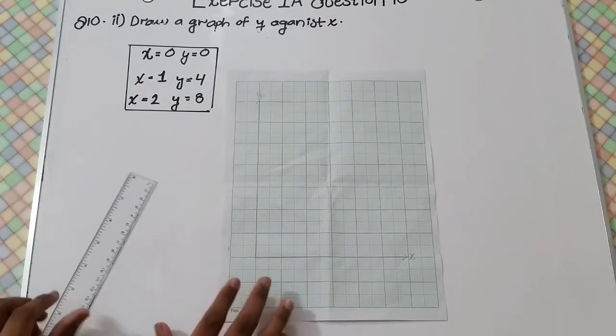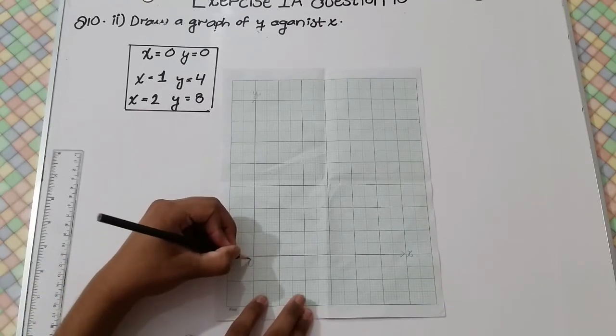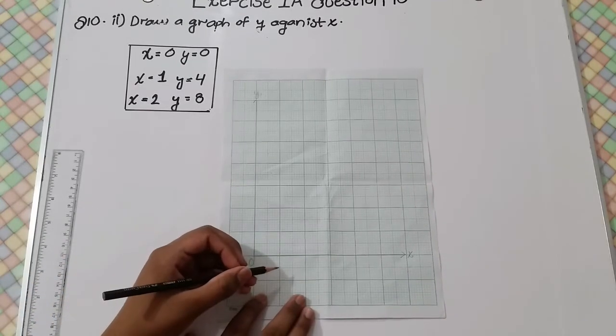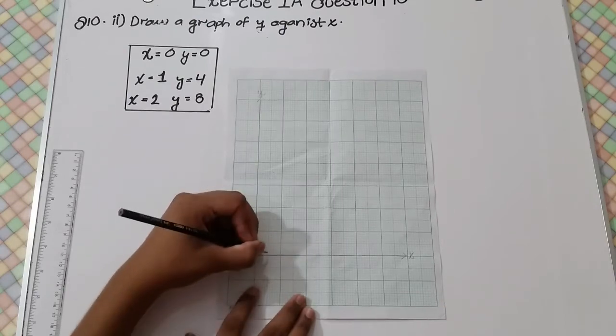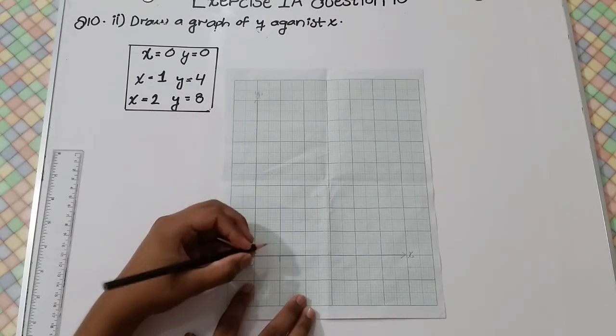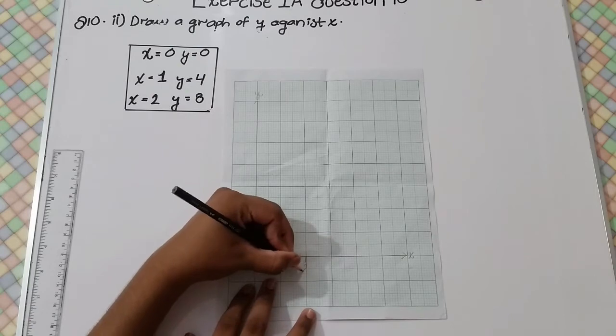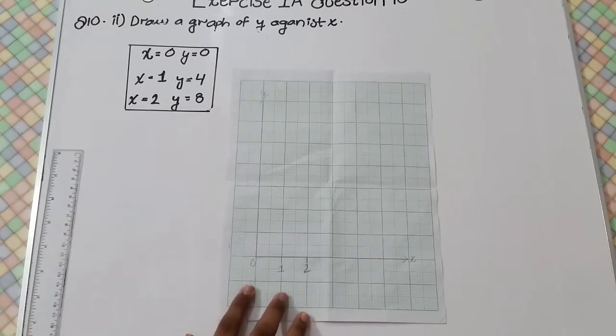So plotting of a graph is very simple. So let's start. This is 0. For x we have the values till 2. So we are going to use one box, 0, and then leave one box, one square, and put 1. Then leave one box and then put 2.